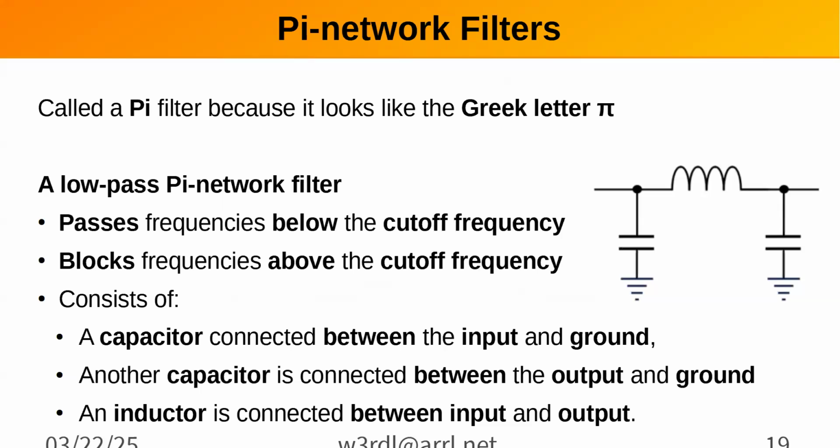Sometimes they'll add another inductor, and it'll be a pi L, which I think is probably the next chart. So the low pass is going to pass below the cutoff and block everything above the cutoff. It's pretty straightforward. It's just two capacitors and an inductor.